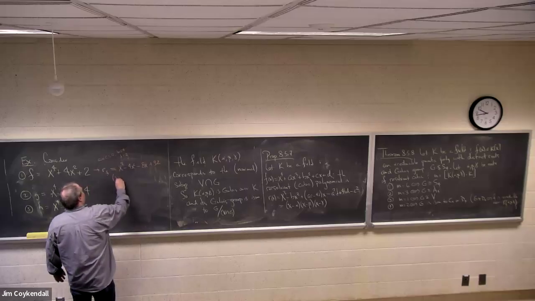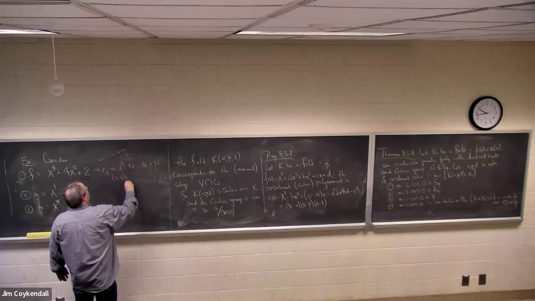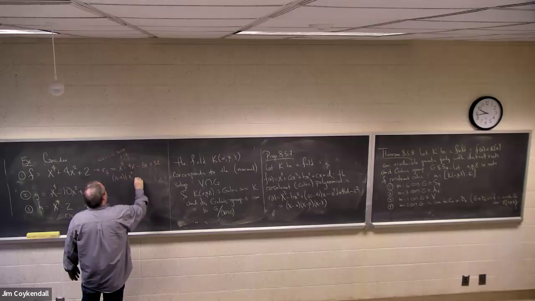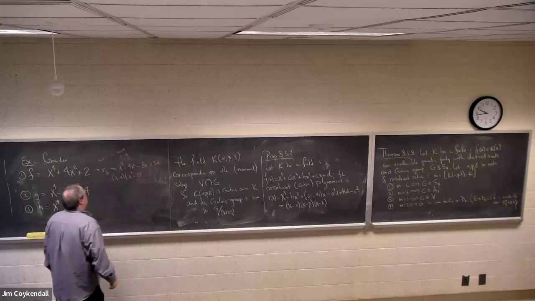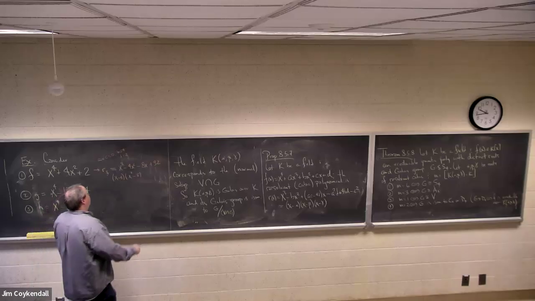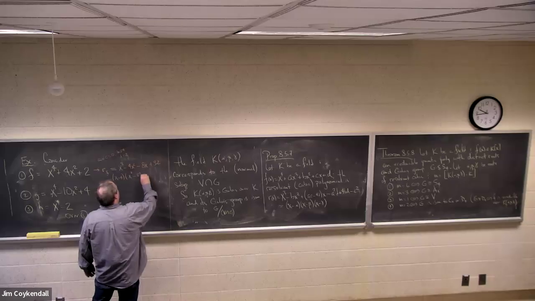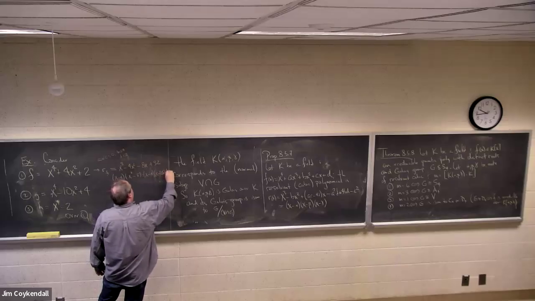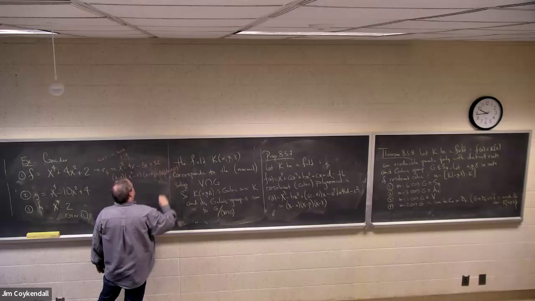So this is actually x minus 4 times x squared minus 8, which is equal to x minus 4, x minus 2 radical 2, x plus 2 radical 2.